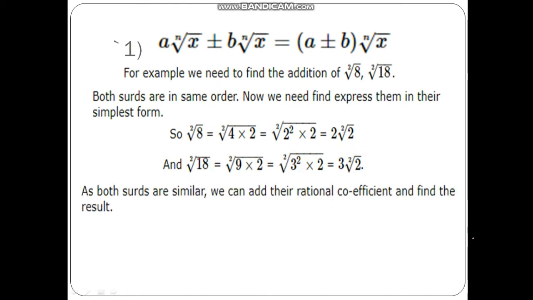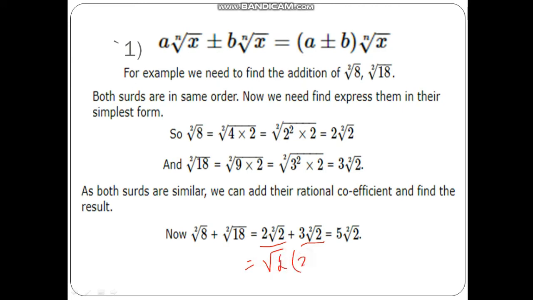Fine. Now if we are going to add them, what will be the result? It will be 2 under root 2 plus 3 under root 2. Under root 2 will be common and the remaining will be 2 plus 3. So it will be 5 under root 2. Fine.